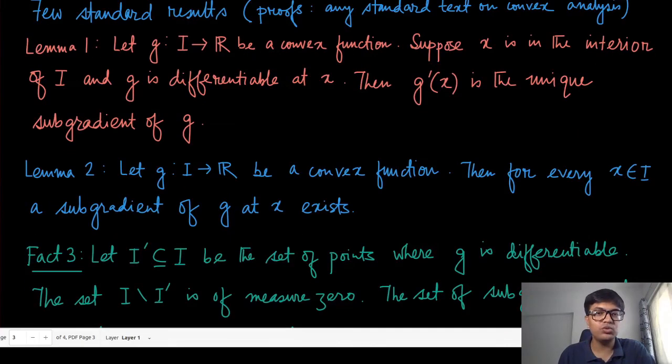For lemma 2, again we have a convex function, and one can say that this function always has a subgradient at all points in I, including the edge points.